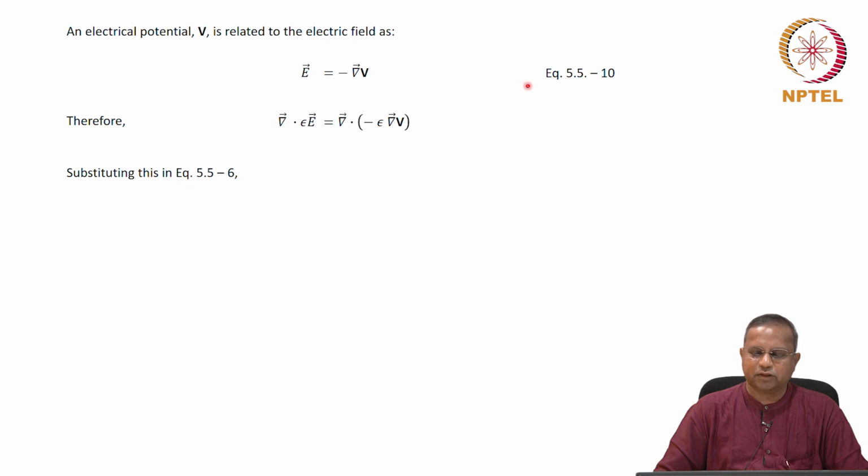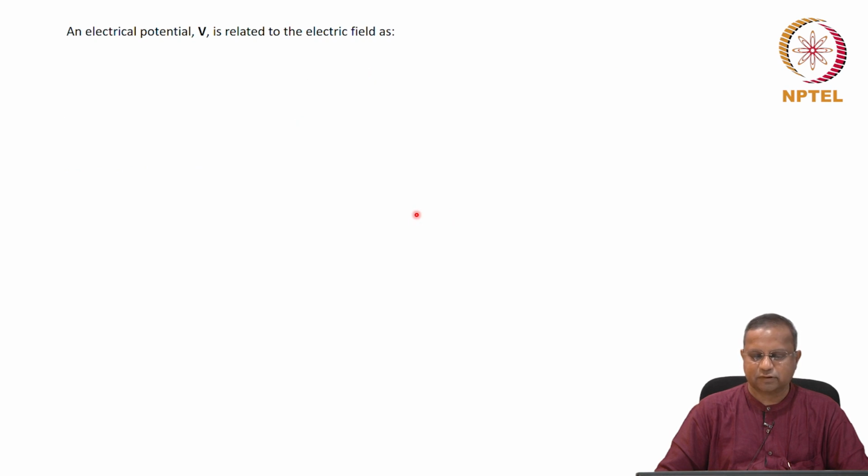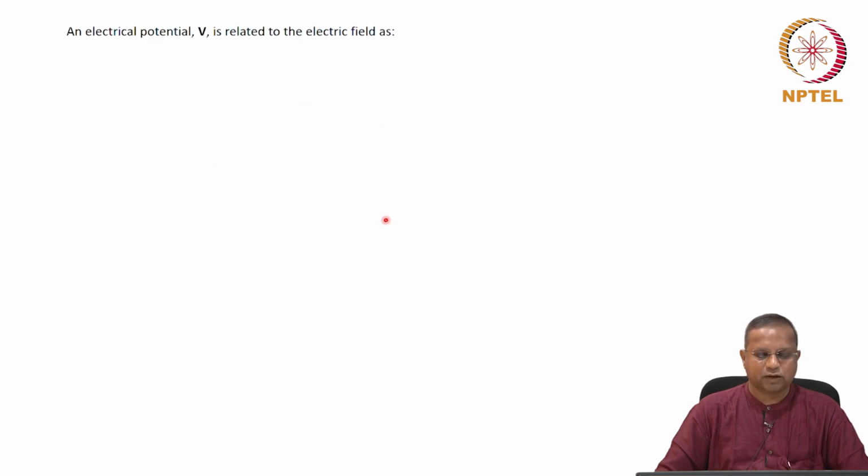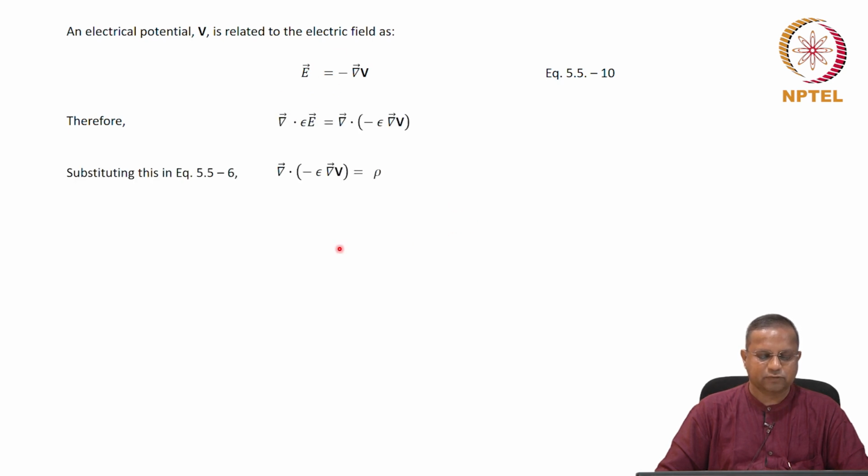And if we substitute this in 5.5-6, what is 5.5-6? It is Gauss's law, del dot epsilon E equals rho, and we are going to substitute the electric field E in terms of the potential. We get del dot minus epsilon del V equals rho. So the electric field has been substituted with del V, and you have an epsilon there.